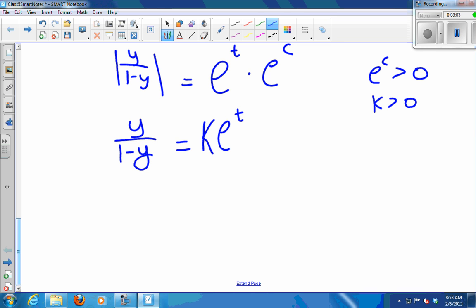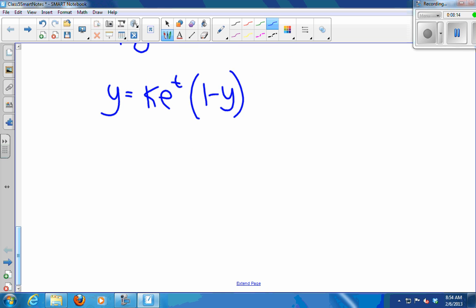So to finish solving for y, let's see, I'm going to have y is equal to k e to the t times 1 minus y. Distribute. And now I'm going to collect y terms on one side and non-y terms on the other.